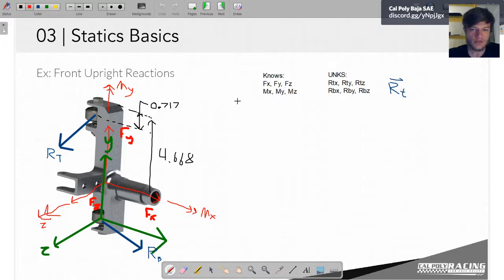So now we want the sum of the moments in the y direction equals. So we've got My, because remember this is just a vector, we can slide around. Now, since we're acting in the y direction, we have to look, okay, is there a z force that's more than a distance 0 from the y plane? And the answer is no, actually.